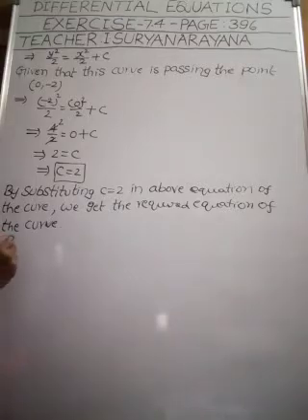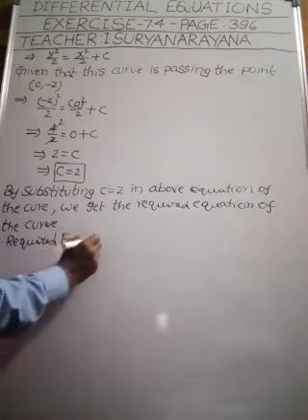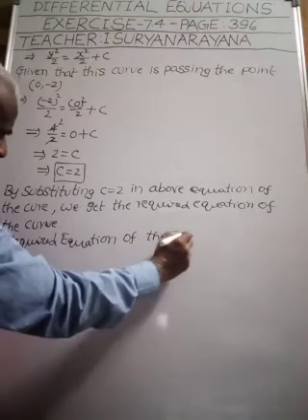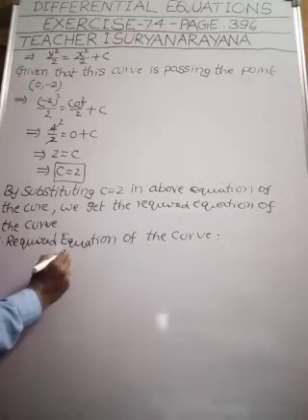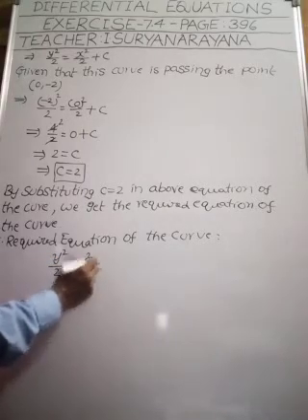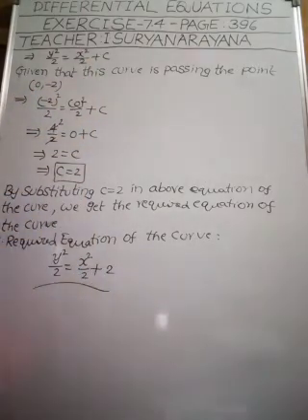Therefore, required equation of the curve: y square by 2 is equal to x square by 2 plus c. What is c here? 2. Okay, my children. Understood? Right.